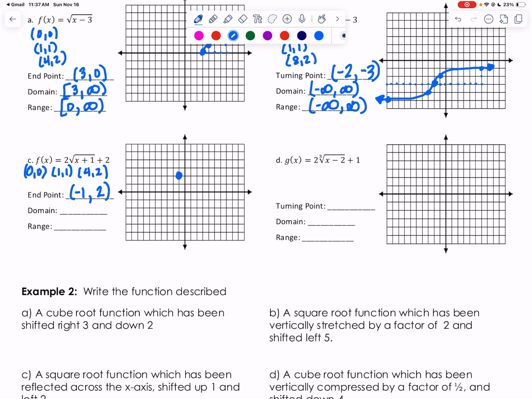But now I want you to notice that this function has been vertically stretched by a factor of 2. So instead of going over 1 and up 1, we're going to go over 1 and up 2.